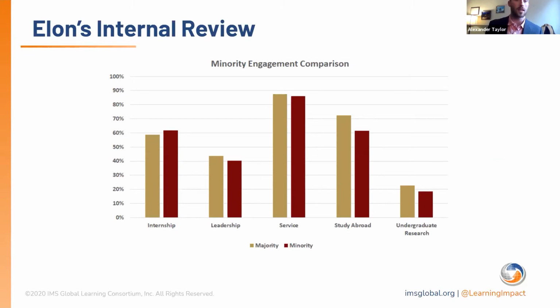That we, as Elon, once we got a robust enough data set, were able to mine that information and see what students are participating in these experiences, what are the gaps that we might be running into. Elon, from an experiential learning standpoint, is pushing a lot on access, and how we're trying to shoot for 100% access in global experience. And so access is, of course, extremely important. And is there another screen?